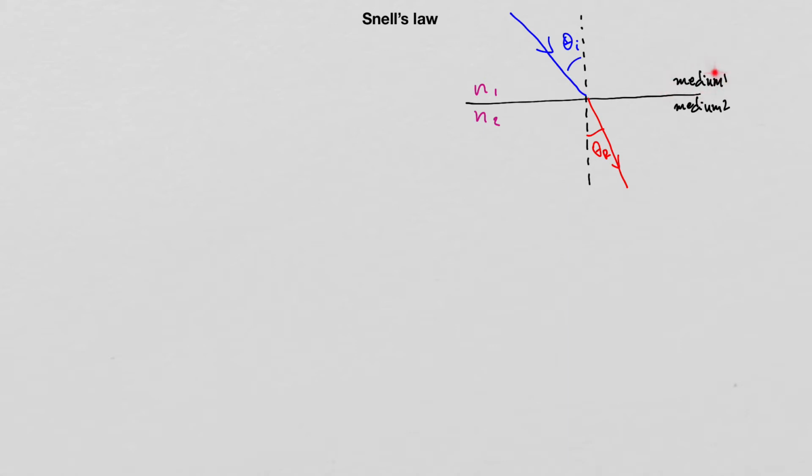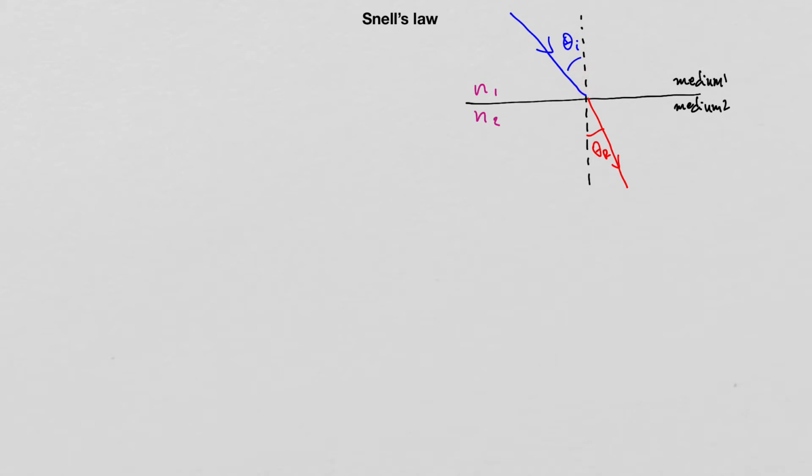We have two media, medium 1 and medium 2, with indices of refraction n1 and n2 respectively. This is the boundary between the two media. This is the imaginary normal to the boundary line. And here is my incident light ray, which makes an angle of incidence theta I with the normal.